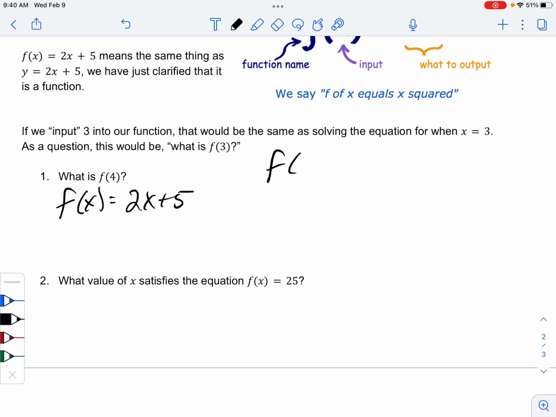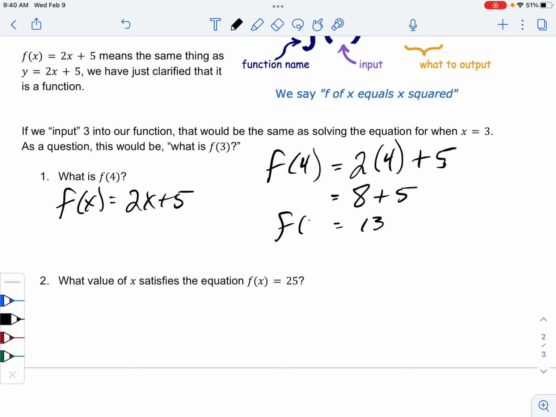This is the same as substituting for x in our equation. So 2 times 4 plus 5. If I input 4, what is my output? So f of 4 is 2 times 4, which is 8, plus 5, equal to 13. So we would say f of 4 is equal to 13, where 4 is my input and 13 is my output.